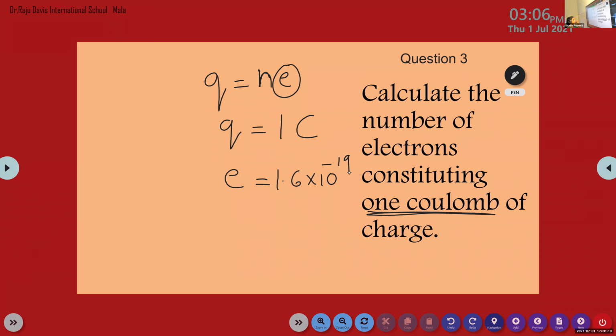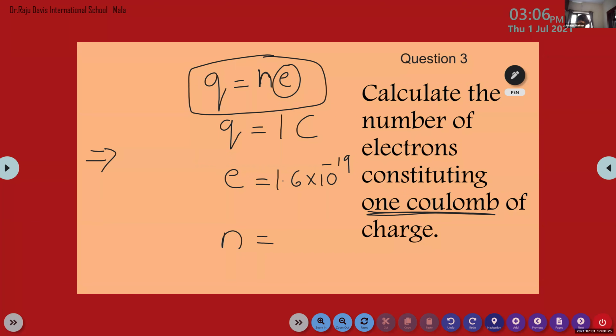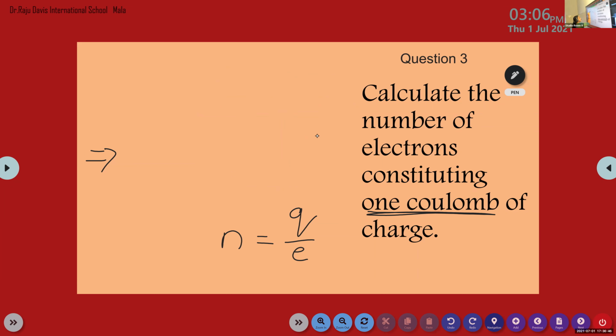Then how can we calculate the number of electrons using this equation? Q is equal to Ne, which implies N is equal to, just rearrange the equation, Q by E. So we can calculate the number of electrons using the equation N is equal to Q by E. Or you can write N is equal to 1 divided by 1.6 into 10 raised to negative 19.